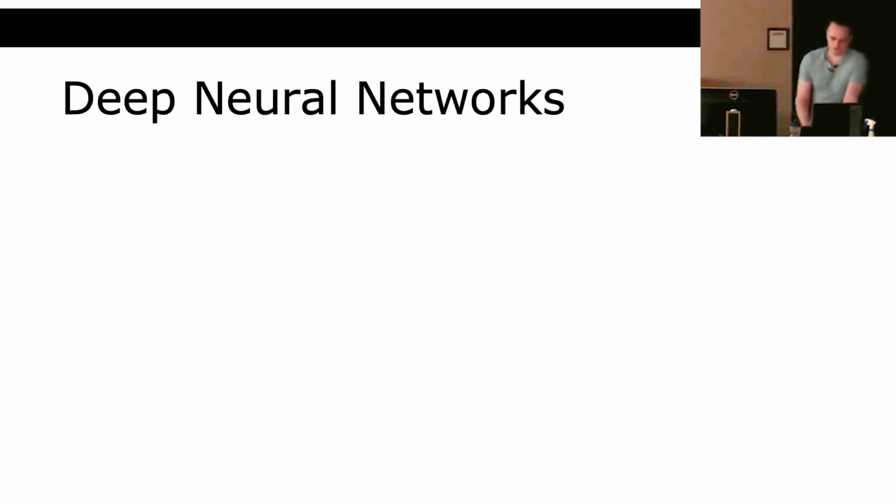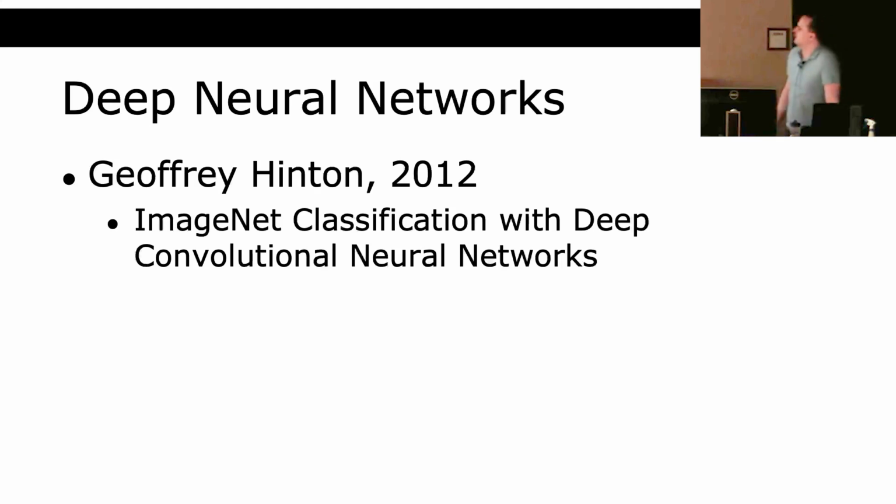Then, in 2012, along came Geoffrey Hinton and his research group at University of Toronto, and we'll talk about deep neural nets a little bit in the next lecture, so just ignore that for a bit. In 2012, ImageNet classification with deep convolutional neural networks, and we'll talk about what convolutional neural networks are.